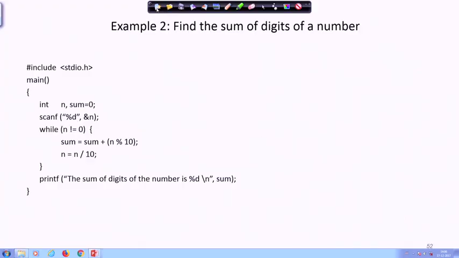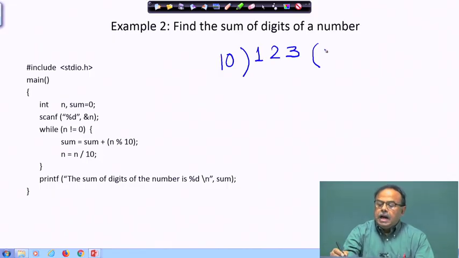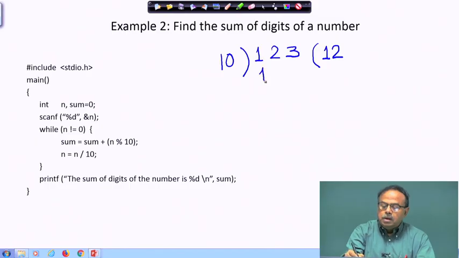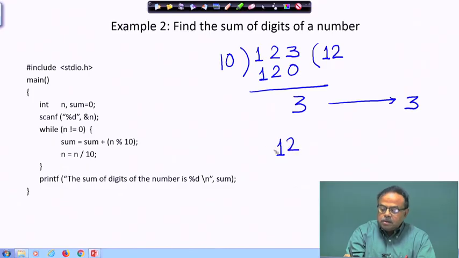Just think over, if I have got 123 and I divide it by 10, I will get a quotient 12 and a remainder. So, the remainder is 1 digit. Now, I take the quotient, divide it by 10.